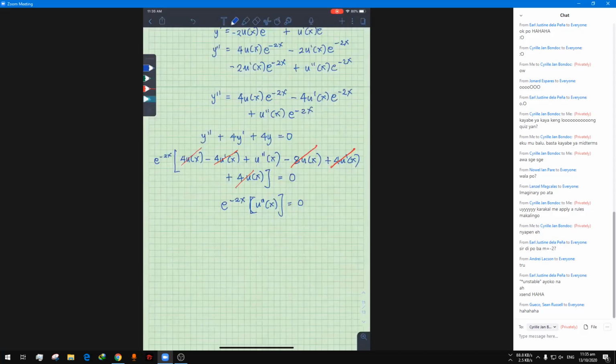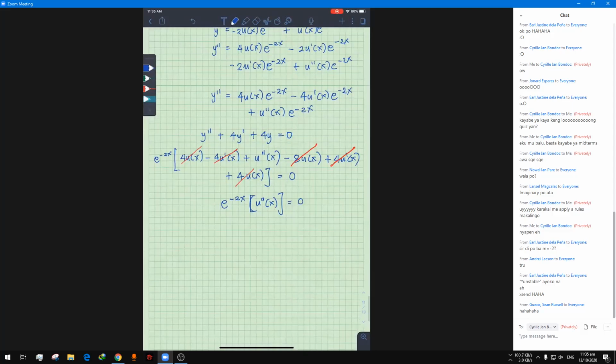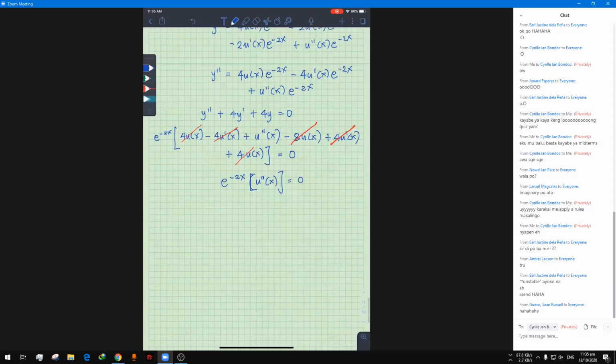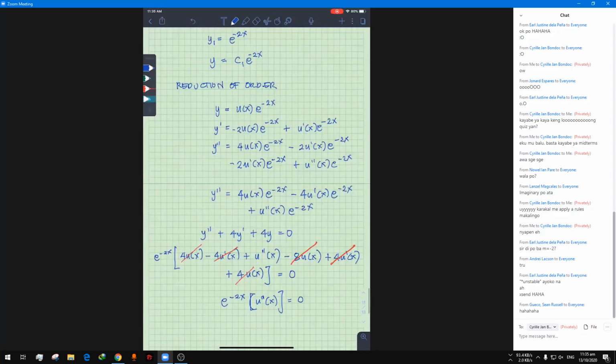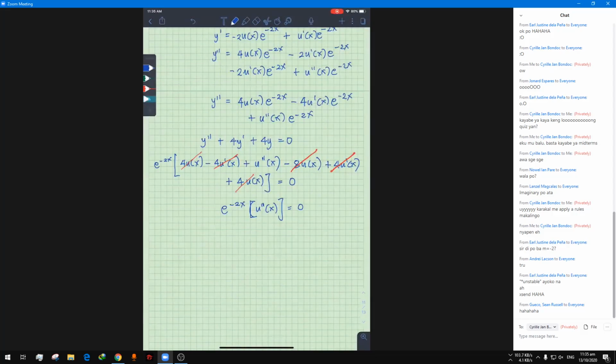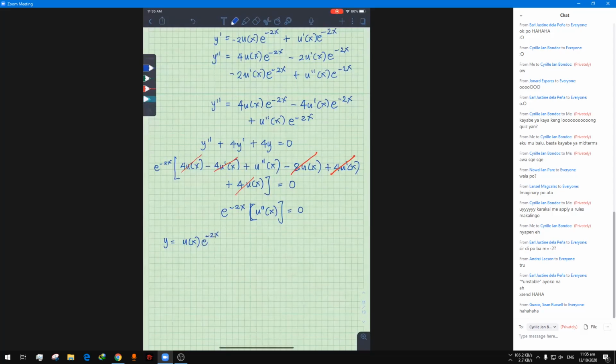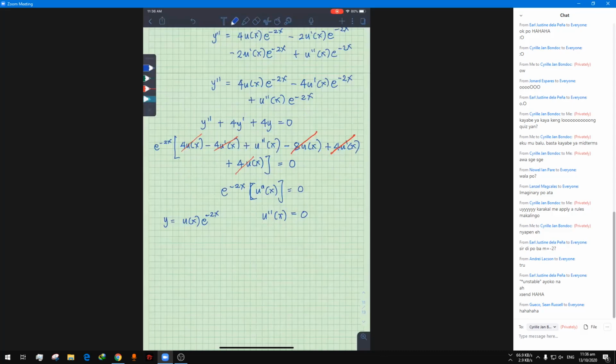So ngayon, we can now equate. Since product na siya ng exponential at saka ng second derivative of u of x, we have u double prime of x is equals to 0. Ang kailangan natin is u of x. Ang meron tayo, u double prime of x.